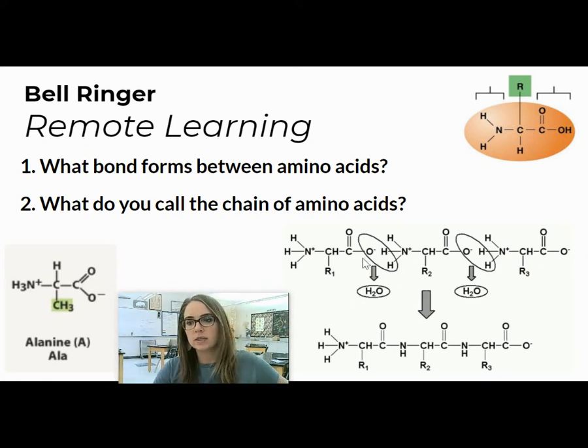One group would take an oxygen off of their molecule, and then the group sitting next to them would take the two hydrogens off of their amino group, and we would end up forming a covalent bond. But what we call the actual bond that forms between amino acids, it is a covalent bond, but specifically we call it a peptide bond.